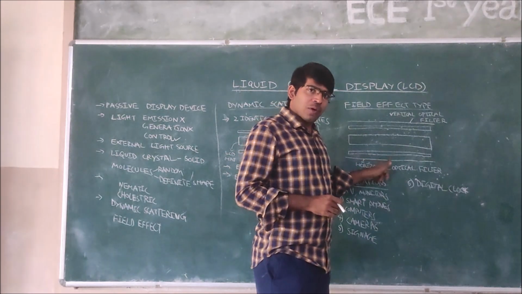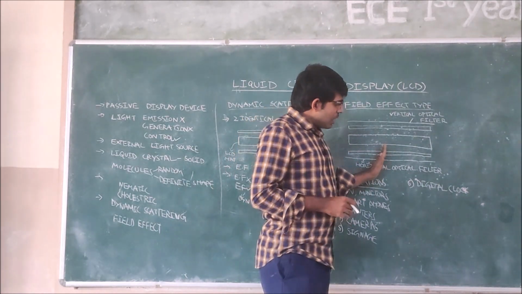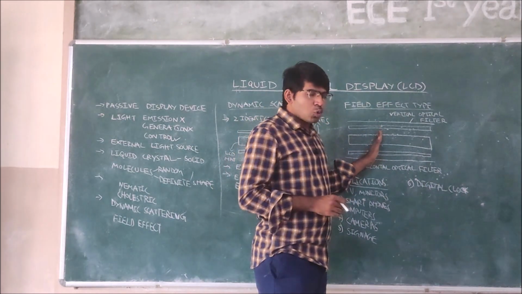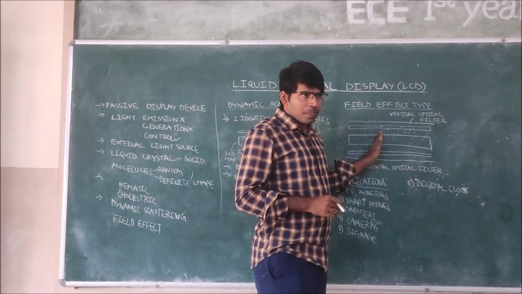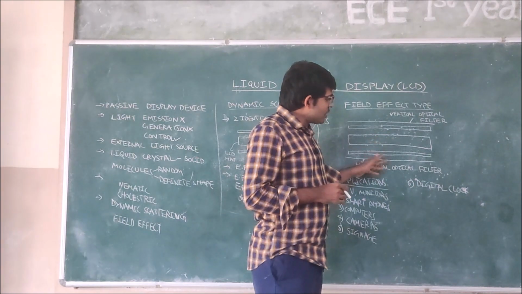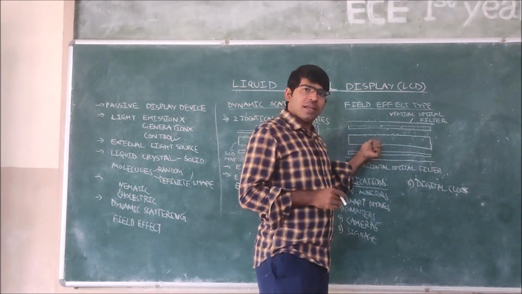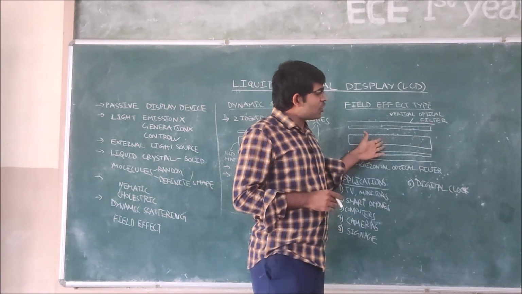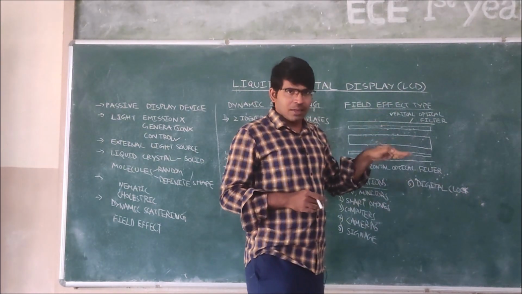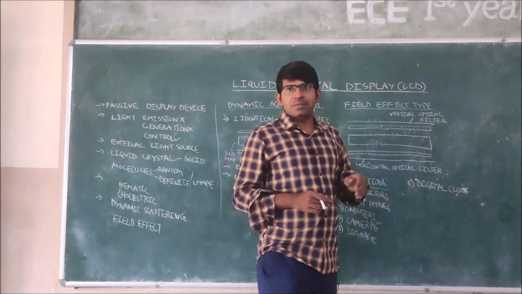But the vertically polarized light will not be allowed by the horizontal optical filter. If this light goes through this LCD material when the electric field is applied, this light will be twisted by this LCD material. The twisted light orientation is now vertical, and this vertical optical filter will allow that one.